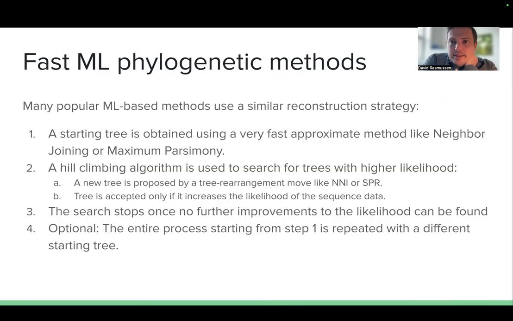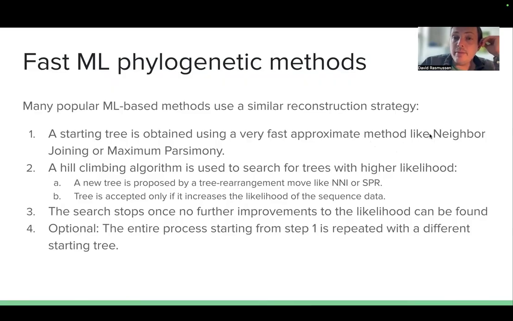So we already talked about this a little bit very early on in the semester when we started talking about RAxML. I think we even used RAxML to reconstruct maximum likelihood trees in the very first tutorial of the semester. And the way that RAxML, and indeed most maximum likelihood methods, search tree space to find the maximum likelihood tree is that they first use a very fast approximate algorithm to obtain a starting tree.